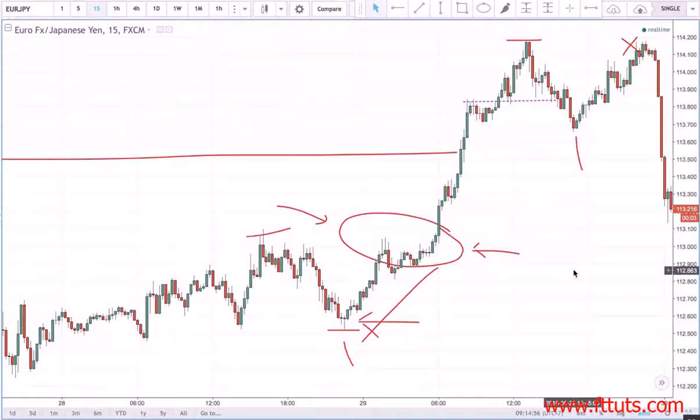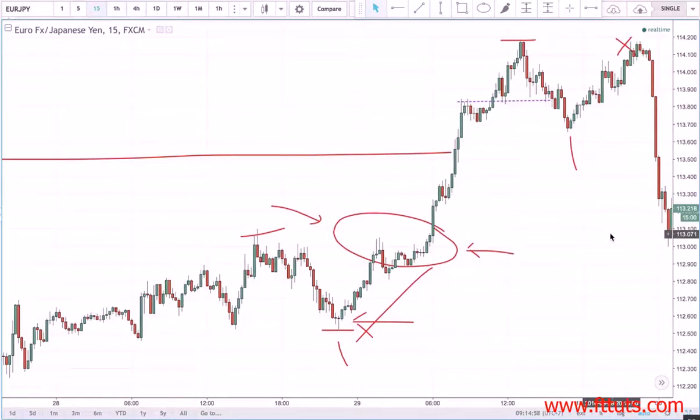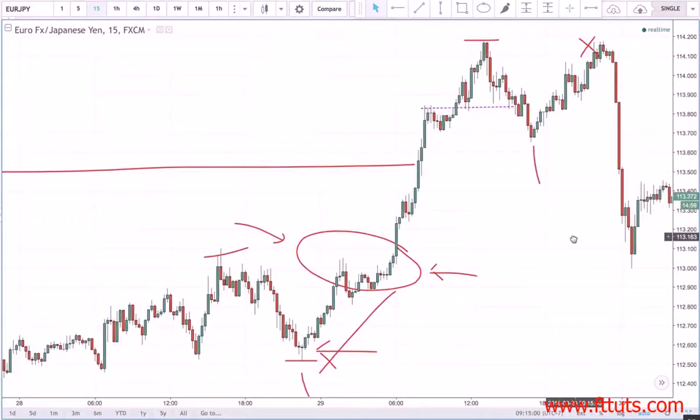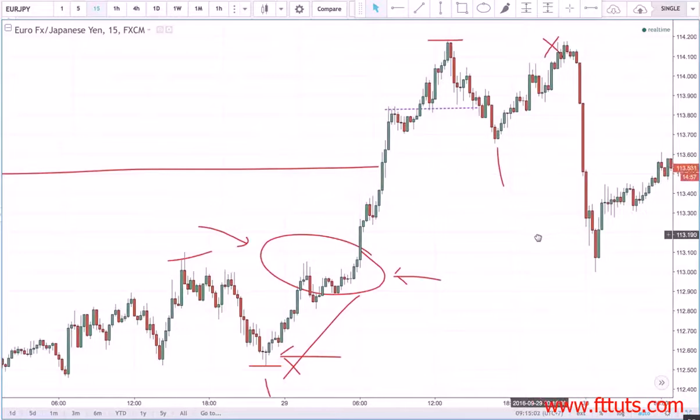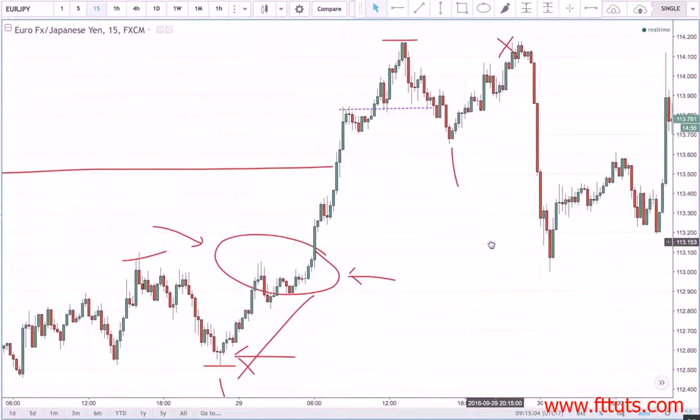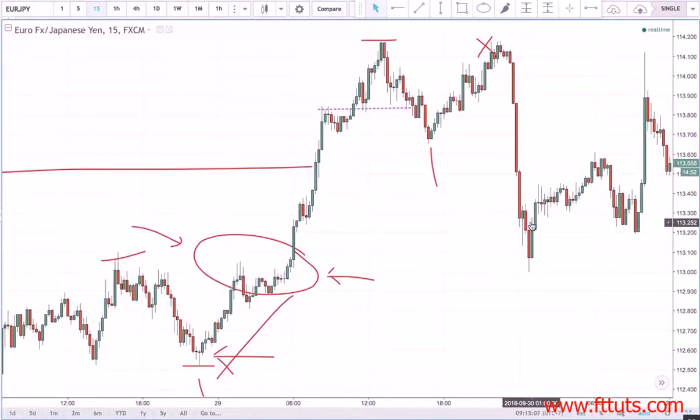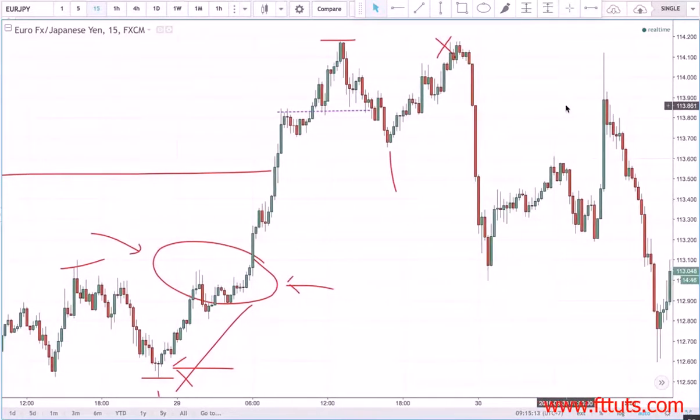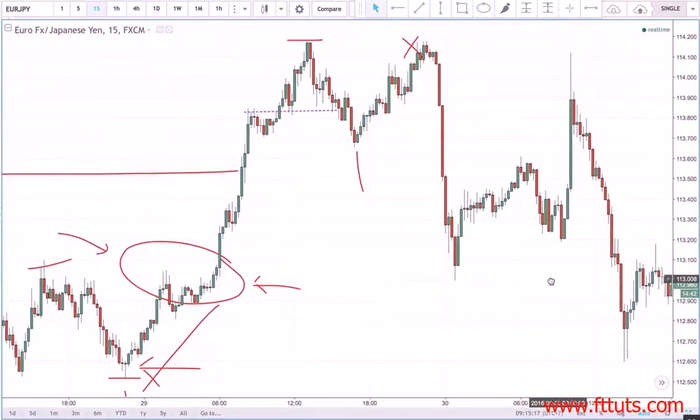So we're watching the market come down and saying we're still in buyer's territory, still in buyer's territory. We're going to watch this area very carefully. It reattempts to make a higher high. Still nothing. Challenging the lows. Still in buyer's territory.